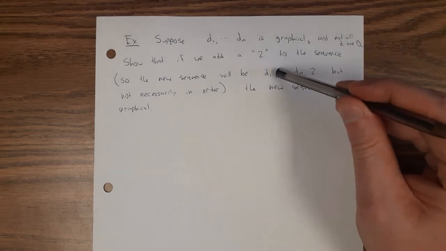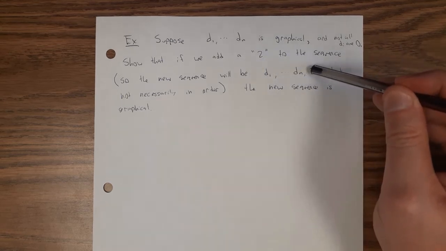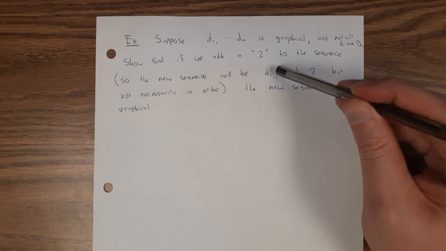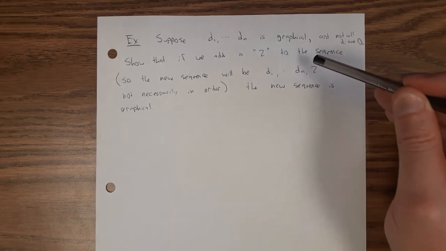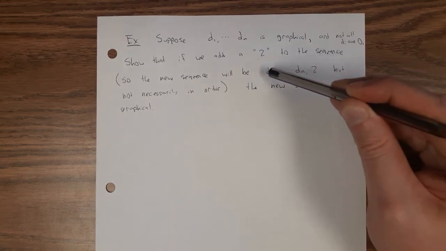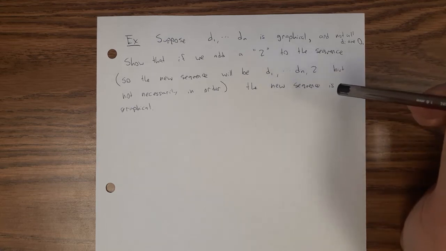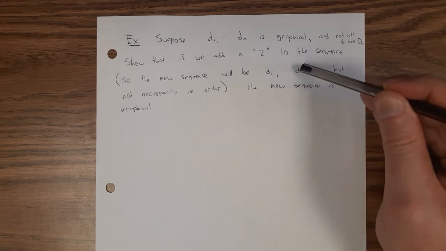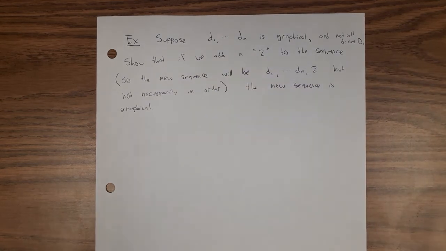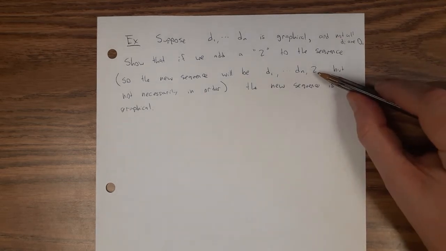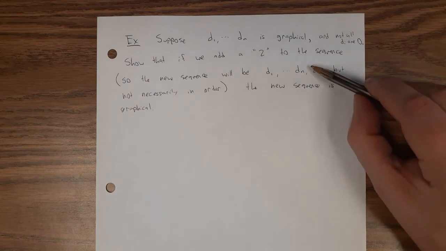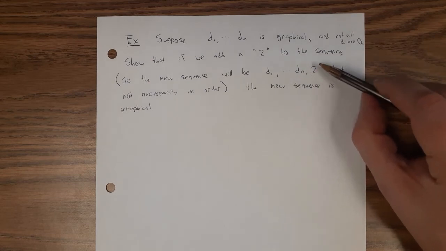Usually we like to put degree sequences in order, so this is a little bit awkward because I don't know what these degrees are, so I wouldn't know where to put the 2, but I'm going to put a 2 in there. There might already be some 2's in here, but I'm just going to put an additional 2. So hopefully it's clear what the new sequence is. The new sequence has n plus 1 numbers, and the extra one that I put in there is a 2.